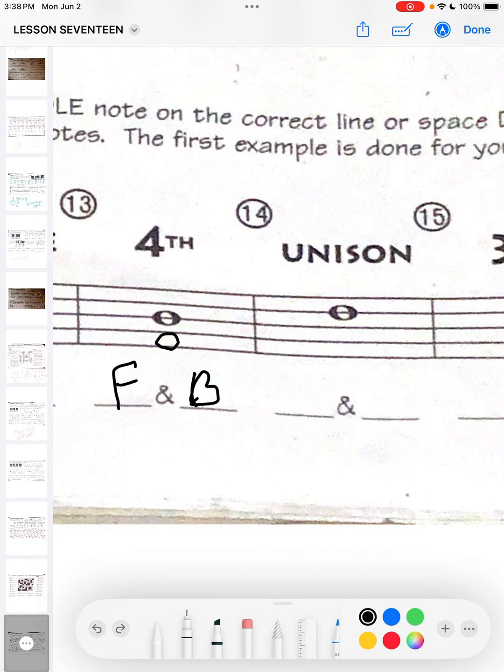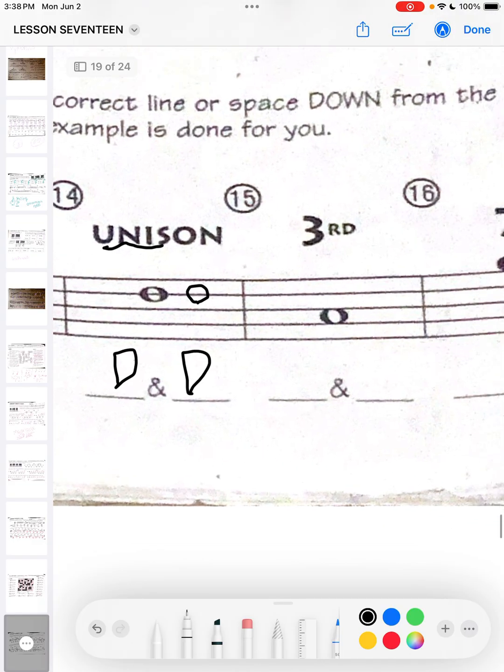From unison, unison means these notes are to play together. There's nothing crazy about that.